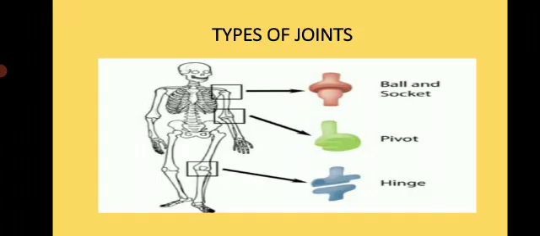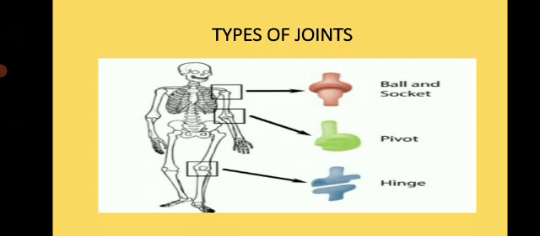In this chapter, we will learn about four types of joints: ball and socket joint, pivot joint, hinge joint and fixed joint. The ball and socket joint, pivot joint and hinge joint are movable joints, and the fixed joints are immovable joints.